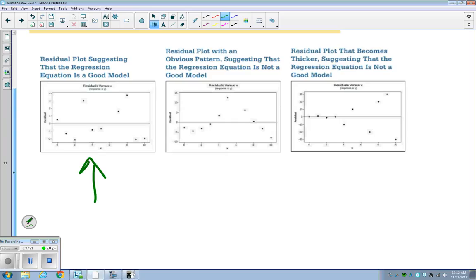This one kind of has a pattern, doesn't it? It kind of looks like it does this. Almost looks like a sine wave to me. There's a pattern. The equation is not a good model.